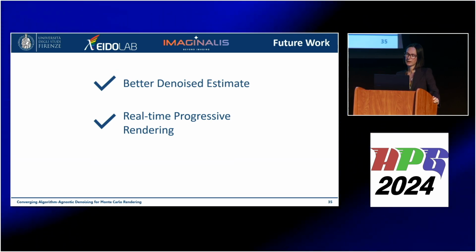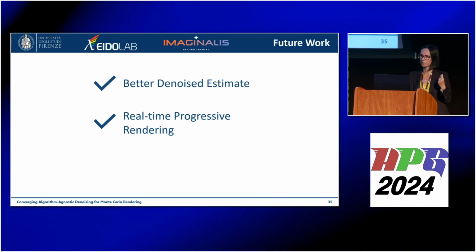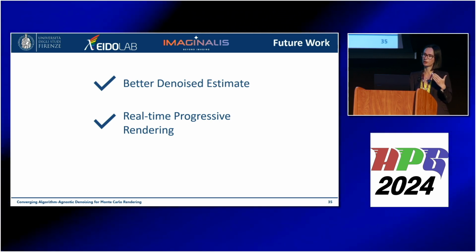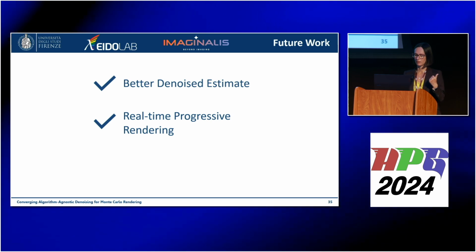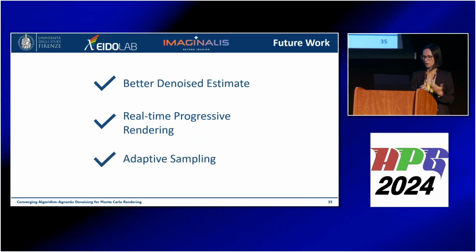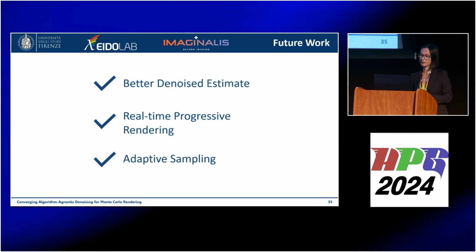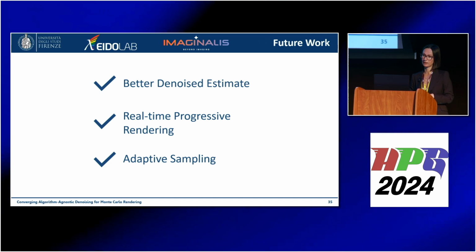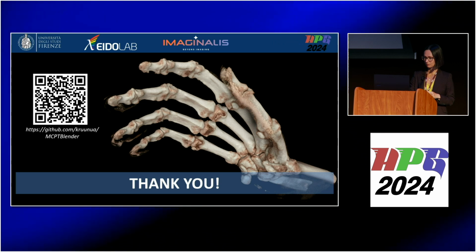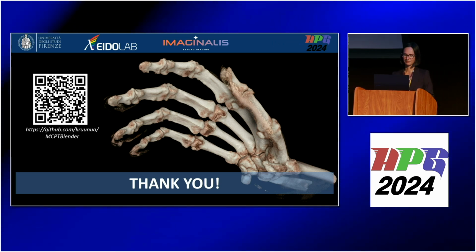But real-time blending can be very interesting because some interesting considerations about the convergence curves calculation on the fly, or the stop iteration for the denoising, can be obtained from this application. And finally, our method can be applied to adaptive sampling, as the algorithm already gives you the weights that can guide the adaptive sampling process. Thank you. You can find the source code of the implementation on GitHub.